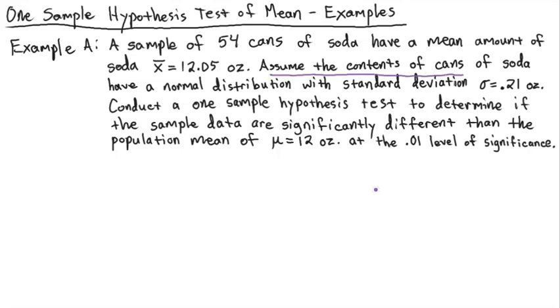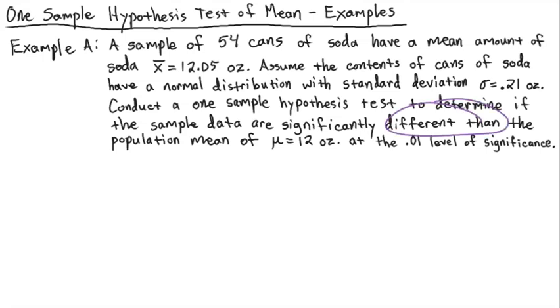Assume the contents of cans of soda have a normal distribution with a standard deviation of sigma equals 0.21. There's our population standard deviation. Conduct a one sample hypothesis test, and that's what we're doing here, to determine if the sample data are significantly different than. Note, this does not say significantly higher than or lower than or more than or less than.